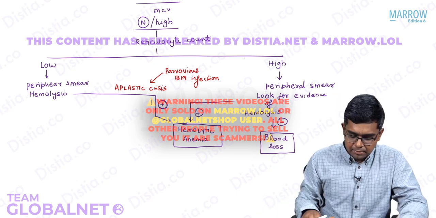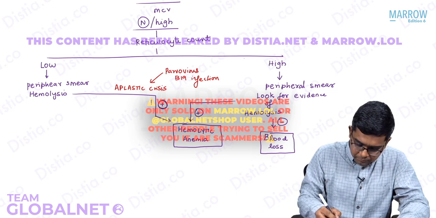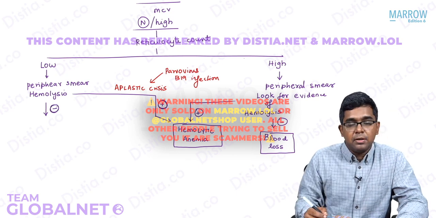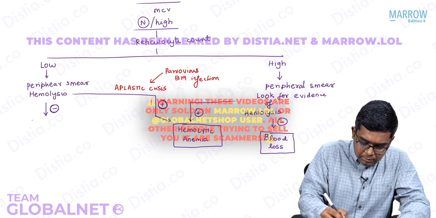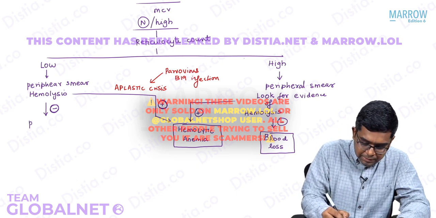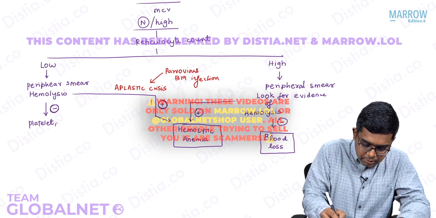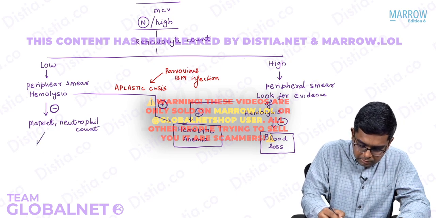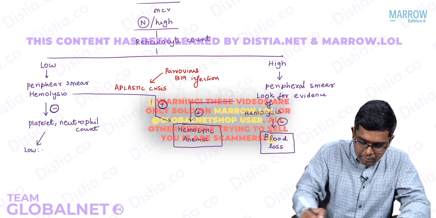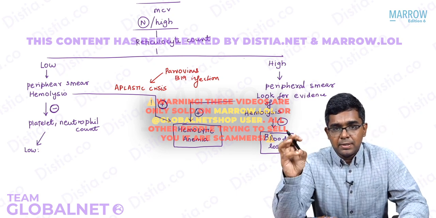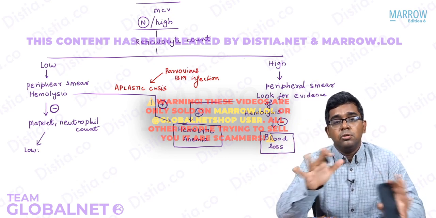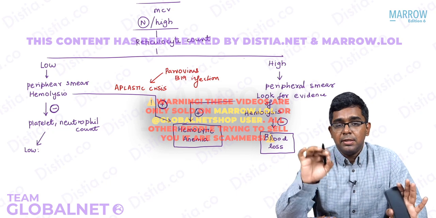Okay, so that part is clear. What is the other part, where the peripheral smear shows no evidence of hemolysis? Then you have to check the platelet and neutrophil counts. If they are low, along with low RBC, which is why there is anemia, with thrombocytopenia as well as low neutrophils, it means the bone marrow is practically not producing blood cells.